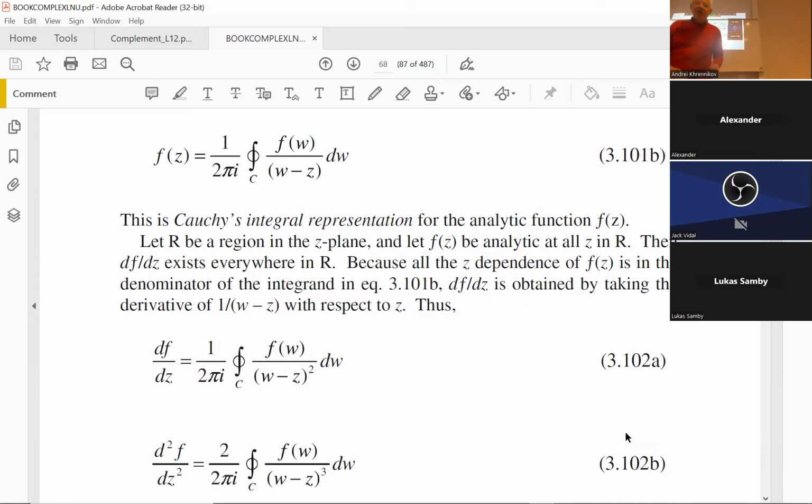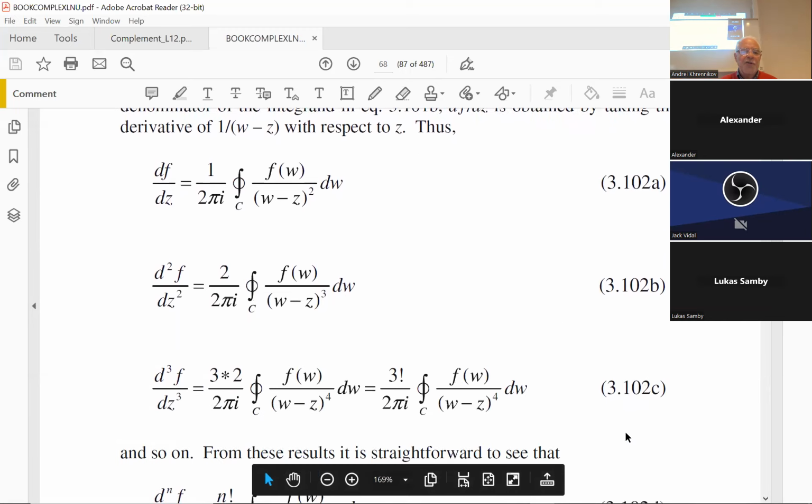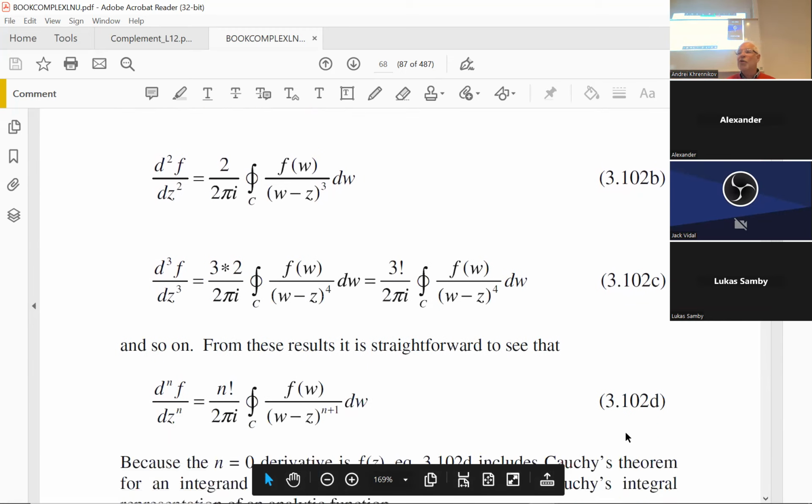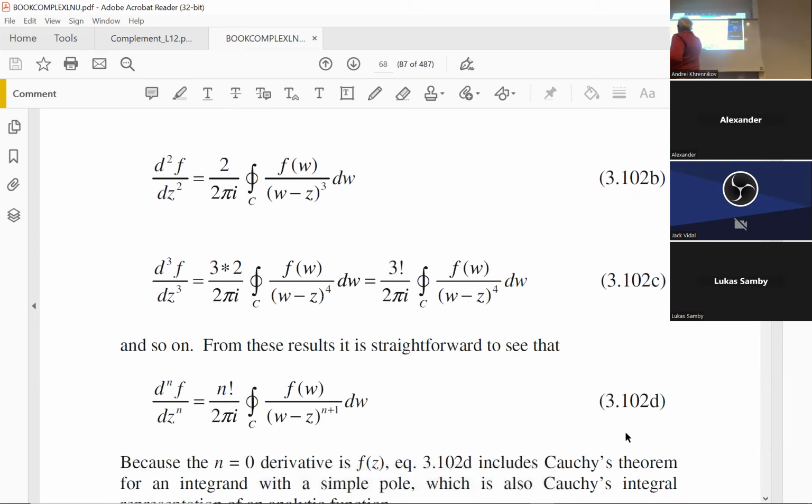And in this way, we can calculate all derivatives of our function. And finally, we get this formula. You need not memorize this formula. You can derive it from the Cauchy formula that we wrote above. But you should be able to get it because it is very useful.